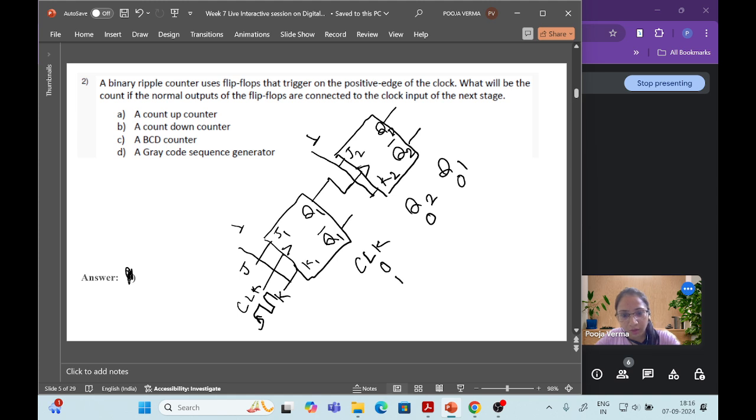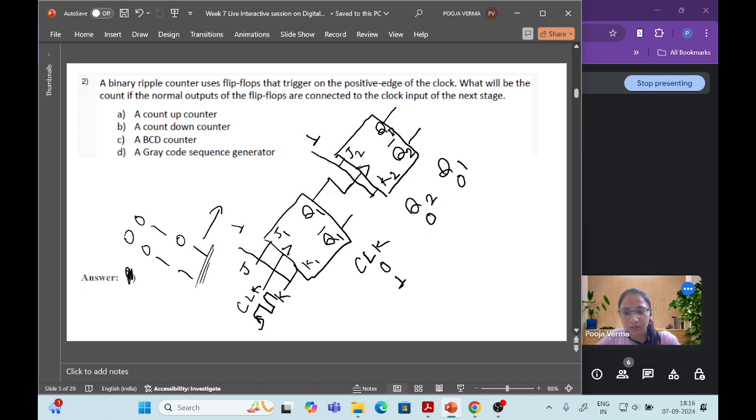When clock 1 appears, we already know the characteristics of the JK flip-flop: for 0 0, 0 1, 1 0, 1 1, here we have fixed the input at 1 1.